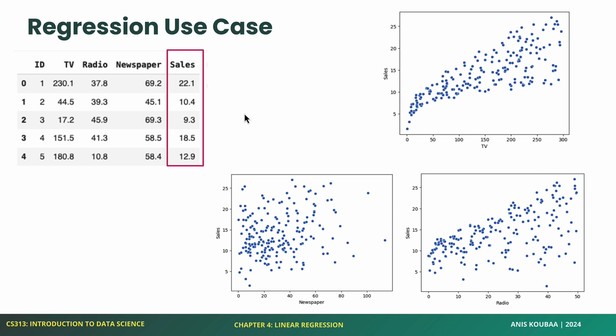Finally, we conducted a regression analysis, and we derived either a simple regression between television and sales, or a multi-feature regression that considers all the different features as predictors for the sales. Now, as already mentioned, the type of the sales here is a numerical value in the continuous domain. It can be a real value.